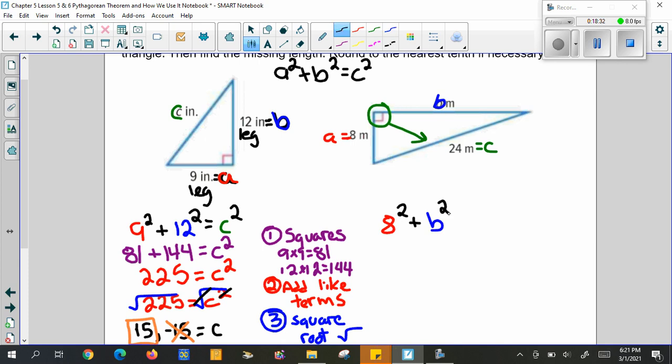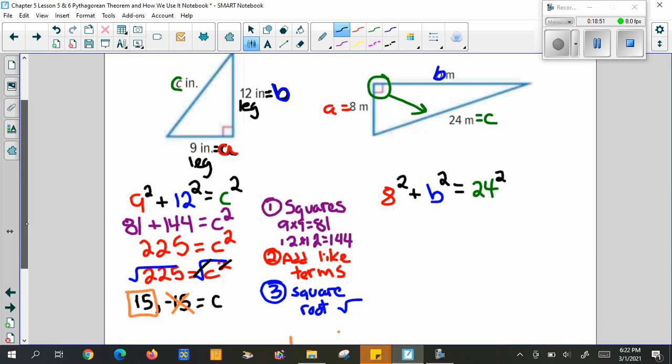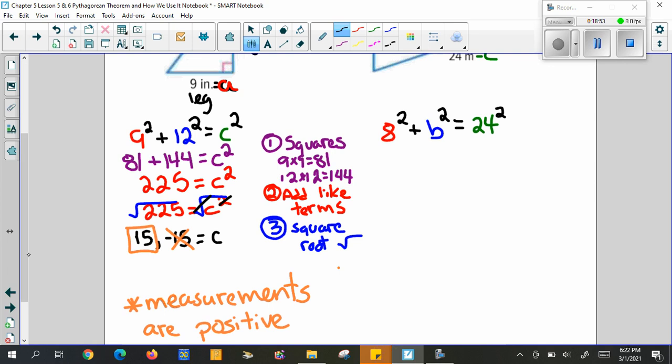B squared equals C squared, but C is 24. So instead, it's 24 squared. Let's now go through and solve.